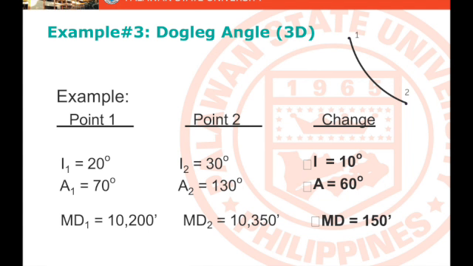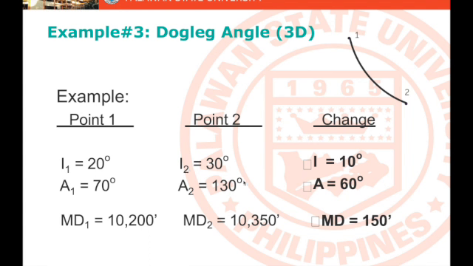So we have an example here. We have two survey points, survey 1 and survey 2. This is the data. The inclination at survey 1 is 20 degrees, the azimuth is 70 degrees, and the measured depth at survey point 1 is 10,200 feet. At point 2, the inclination increased to 30 degrees and the azimuth increased to 130 degrees.